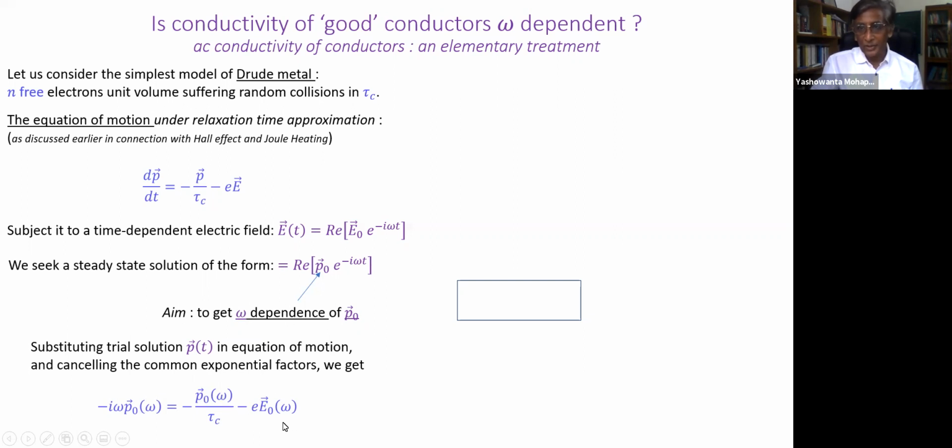All right. But we know that there's a current J naught corresponding to p naught, which is minus n e times the velocity. Velocity is p naught of omega by m, where m is the mass of the electron. So I can find out the current density J(t). J(t) is the real part of J naught of omega e to the power minus i omega t in steady state. So from p naught I've gotten J naught, so I know what J(t) is going to be.